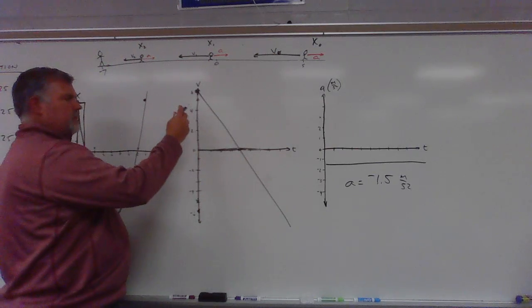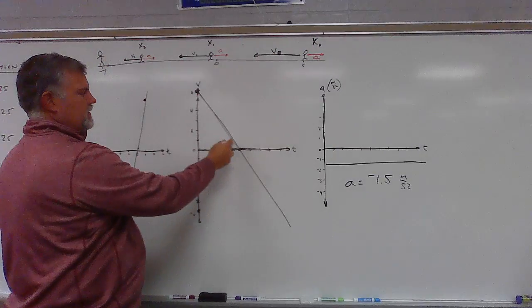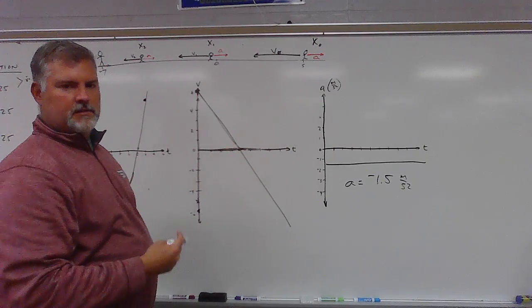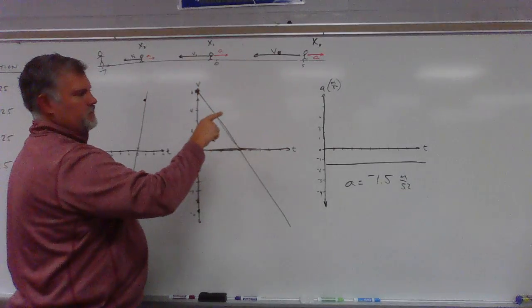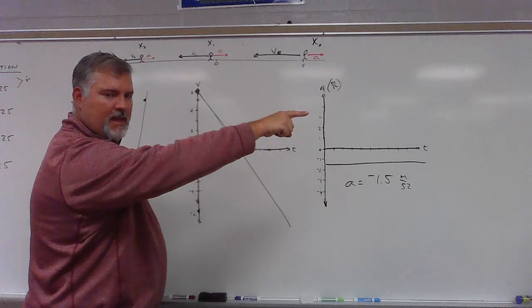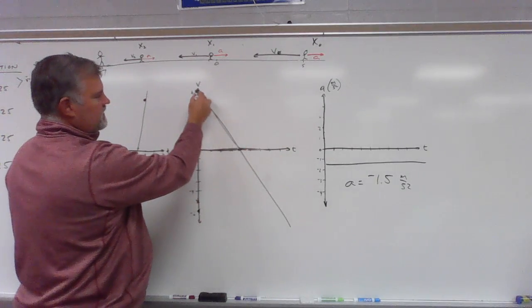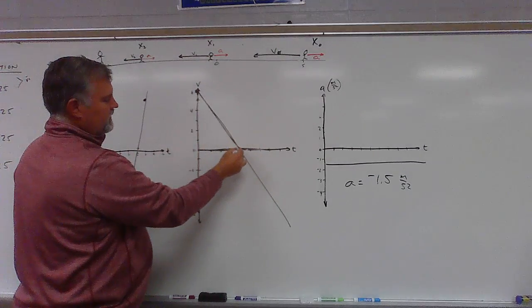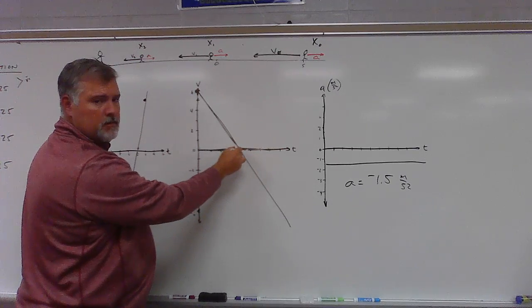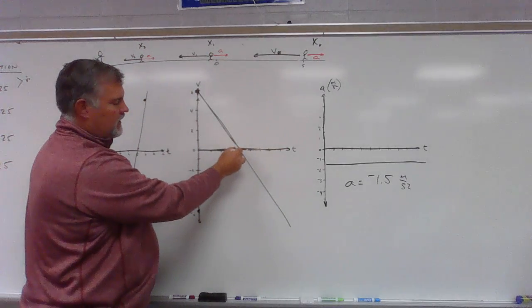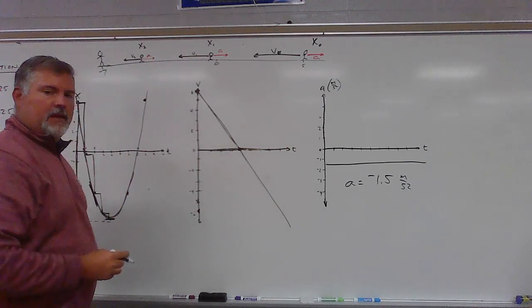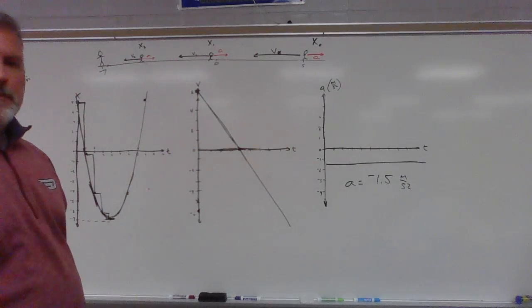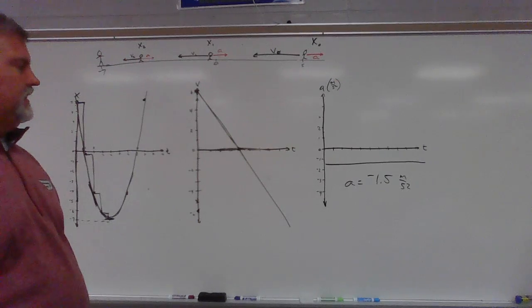And so our brain will tell us, all right, moving down and to the right for velocity means it's slowing down. Yeah, because we started with a positive velocity, so we started with an object that was moving that direction, and its velocity was getting closer to zero. Here's where it hit zero, so it stopped. And then its velocity started getting more and more negative on the other side of that line. So it just means it was moving back the other way and getting faster as it did so.